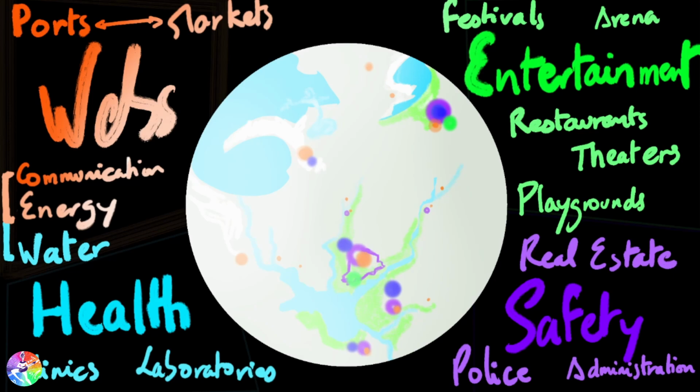Now, why is that? You can see that most locations are in orange, in red. So the web of communication in this territory is sparsely spread.